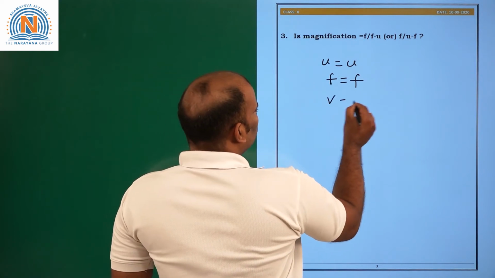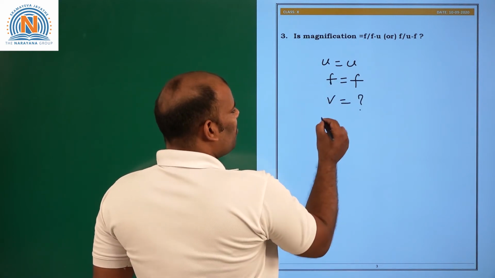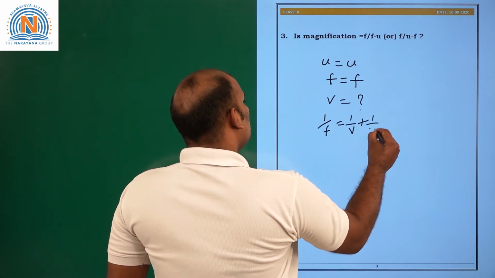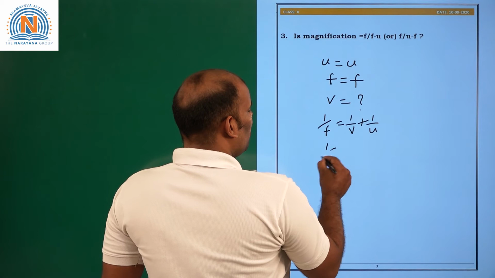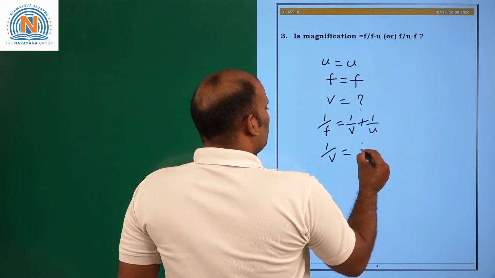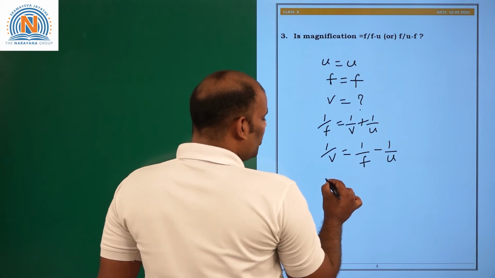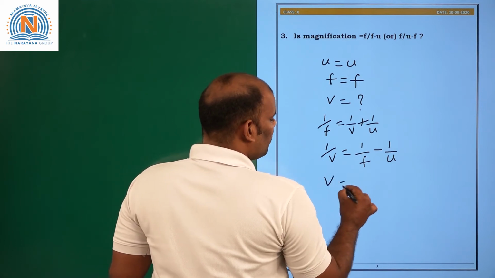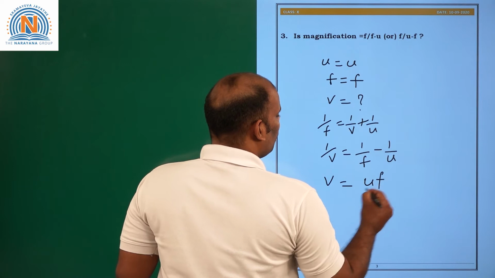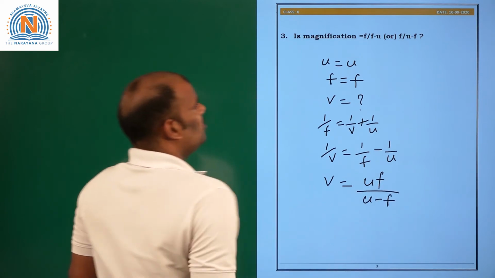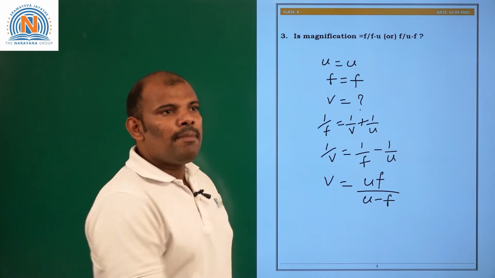Now, image distance V is equal to, as per the formula, 1 by F is equal to 1 by V plus 1 by U. That is, 1 by V is equal to 1 by F minus 1 by U. Finally, you can write V is equal to UF over U minus F. So what do you have to find out? Magnification.